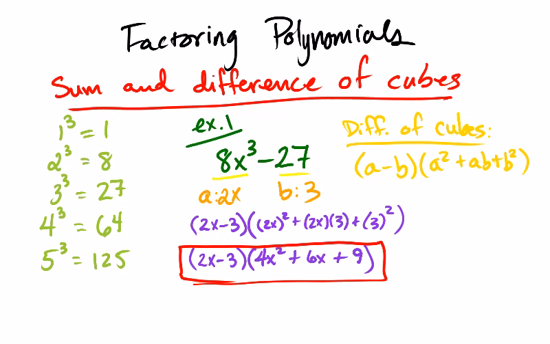Let's try another one. So let's go with 125x to the fourth minus 27x. Remember, the first step always when you're trying to factor is you want to take out the greatest common factor.